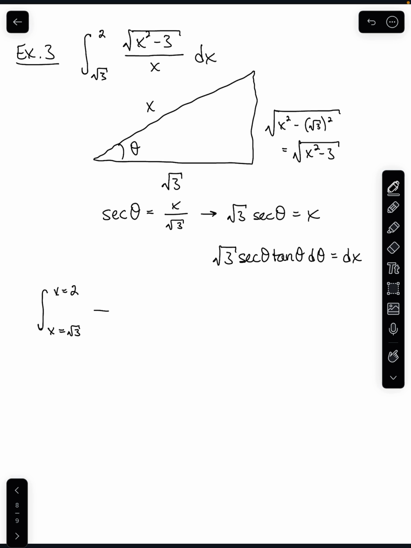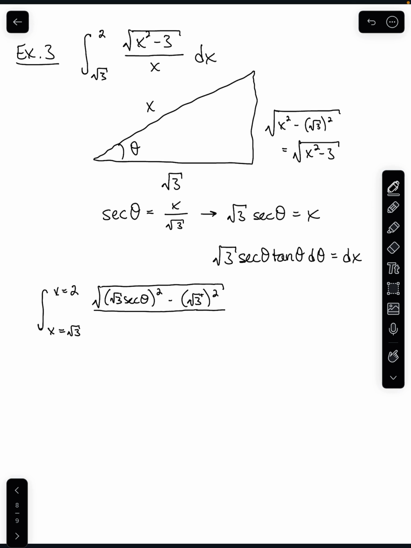For the numerator, underneath the square root, in place of the x, we can write the square root of 3 times secant theta. I am now going to take this opportunity, as we did in the previous examples, to write the 3 as the square root of 3 squared.